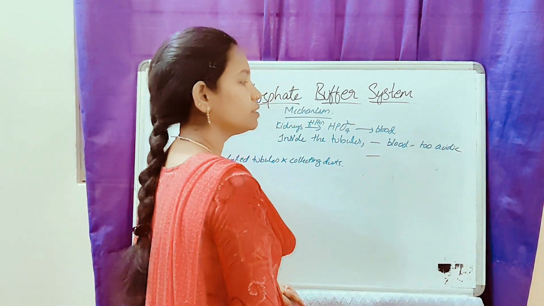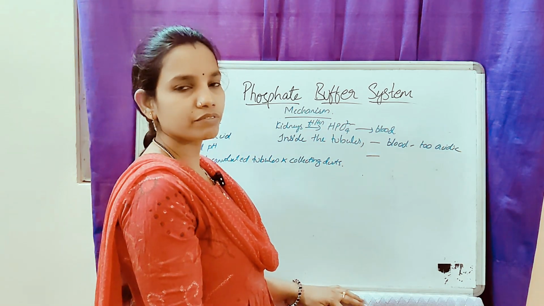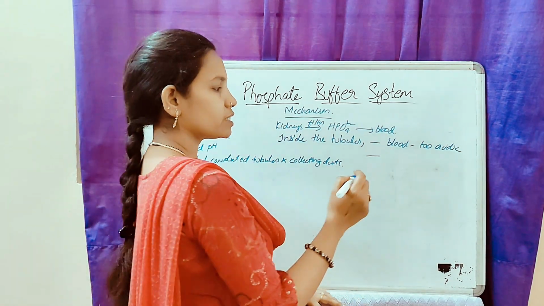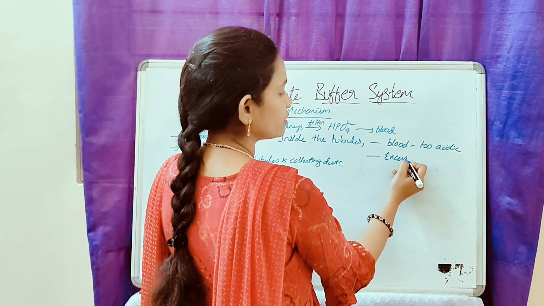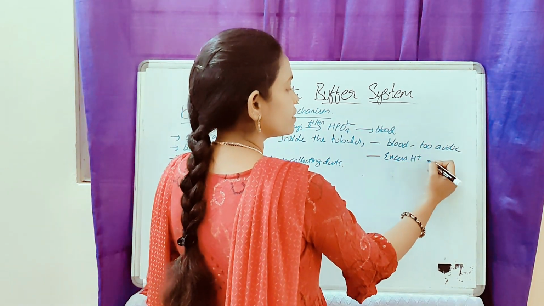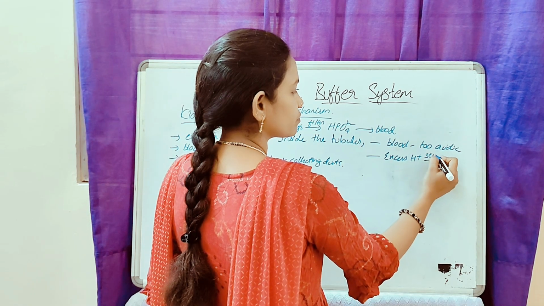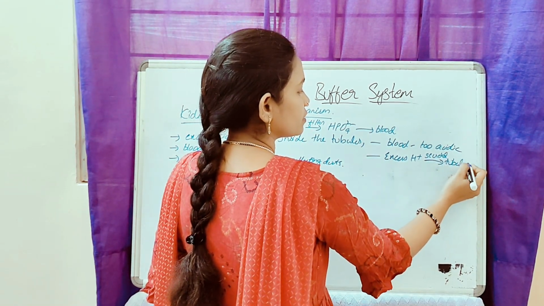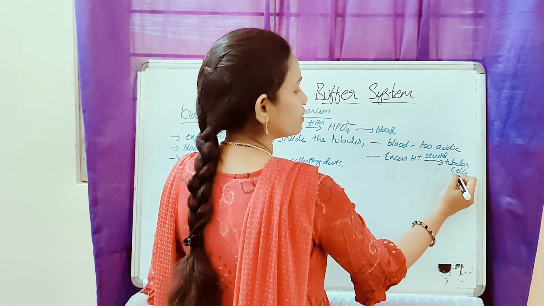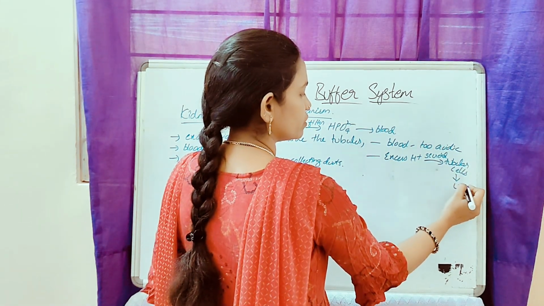We have already seen in general, if it is acidic, excess H plus ions are released. So here also excess H plus ions are secreted into tubular cells, from there into urine.